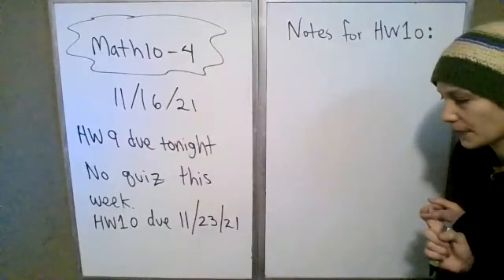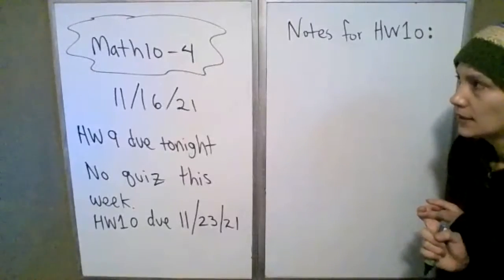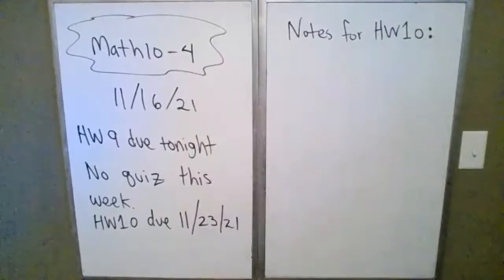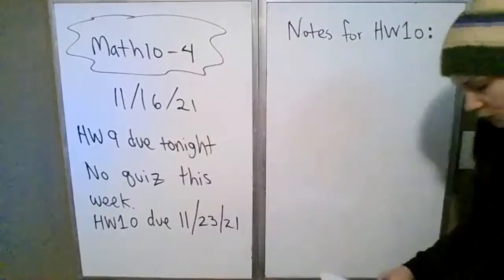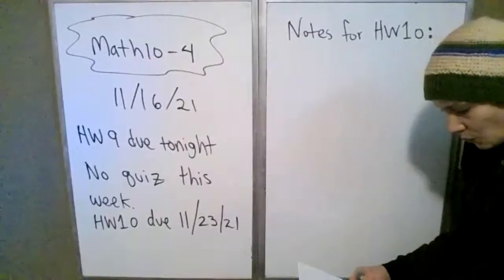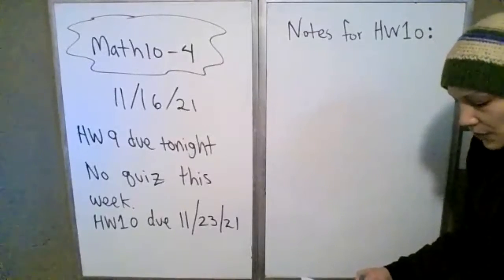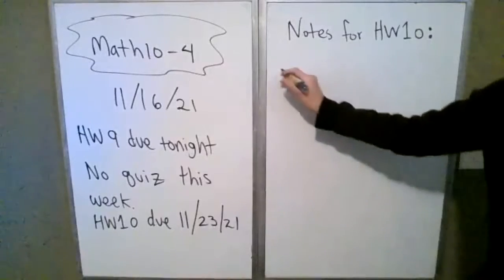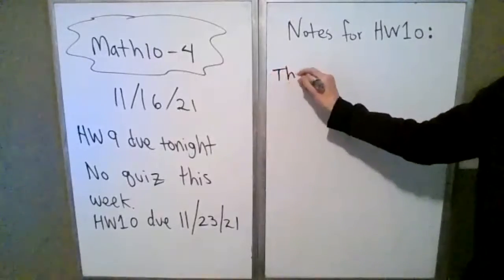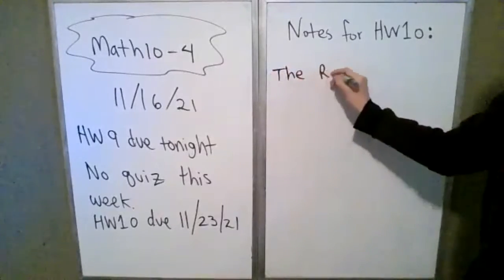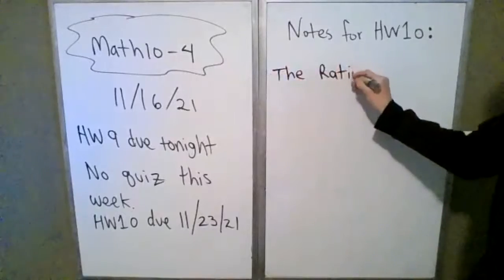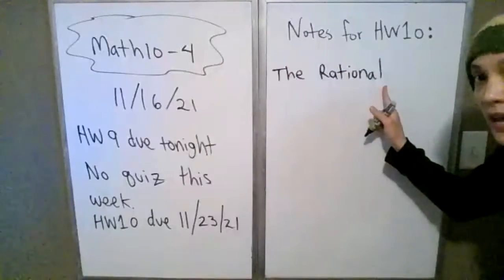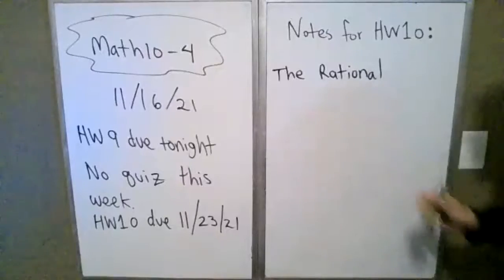I think we want to start with this property. It's called the rational exponent property. Rationals are fractions, so if you have an exponent that's a fraction.